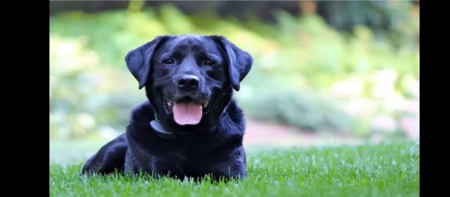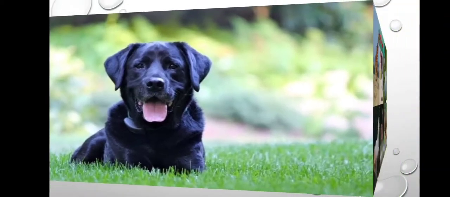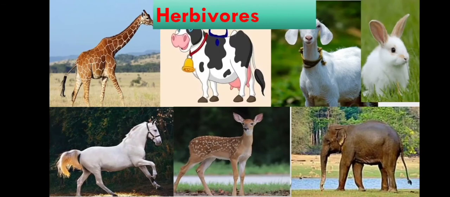Animals are living things, so they need to eat food. We classify animals into 3 categories according to the food they eat. And they are herbivores, carnivores and omnivores. Herbivores eat plants only.